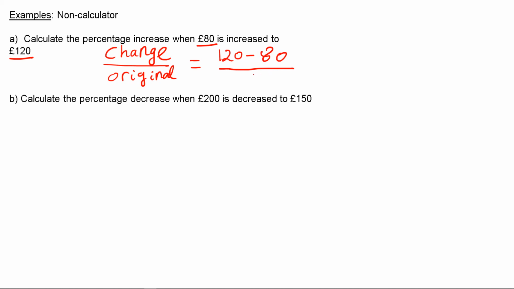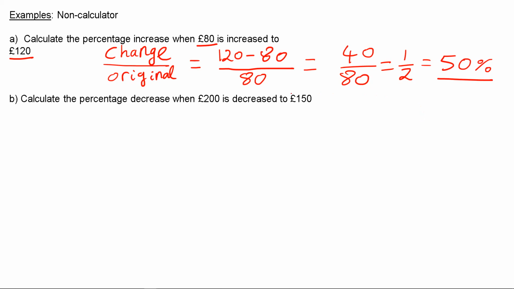And the original amount was £80 because we started with £80. This is going to be 40 over 80, which simplifies to a half. So we've actually increased by 50%. So we would say the percentage increase is 50%.